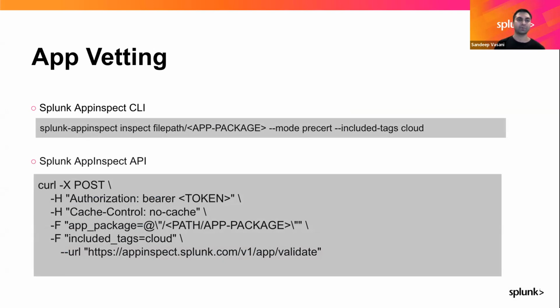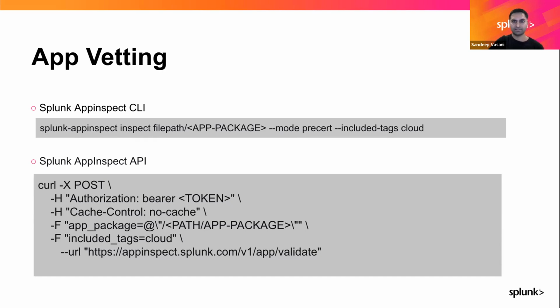There are two ways to run AppInspect on your packaged app. The first is the Splunk AppInspect CLI, which you can install using the Python package installer. The second option is the AppInspect API. You can do a POST request to the AppInspect validate endpoint with your package, and then poll the status endpoint for the results.